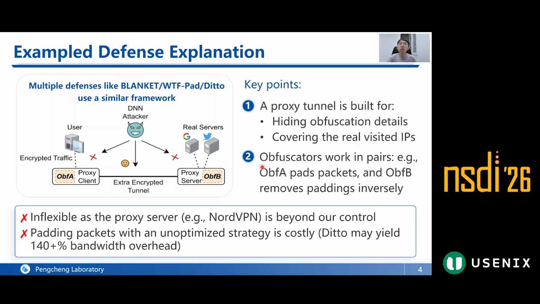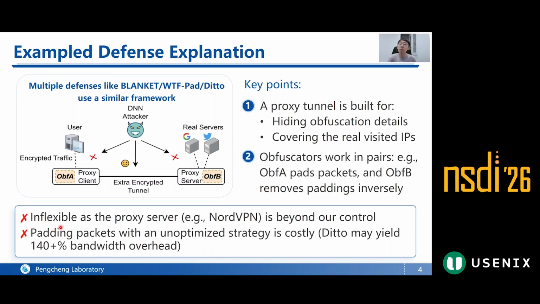The other point is that this work needs the obfuscators to work in pairs. For example, OBF-A at the user side pads packets, and then OBF-B in the proxy server removes the paddings and recovers the clean traffic. Nonetheless, this workflow has some shortcomings.